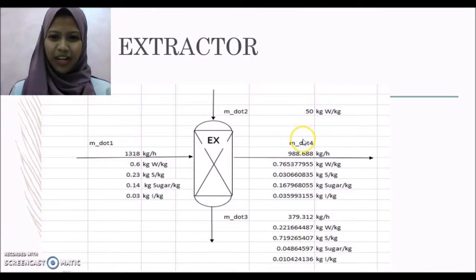For stream 4, the total flow rate is 988.688 kg per hour, and the composition is water, solid, sugar, and impurities. For stream 3, the total flow rate is 379.312 kg per hour, and the composition is the same: water, solid, sugar, and impurities.